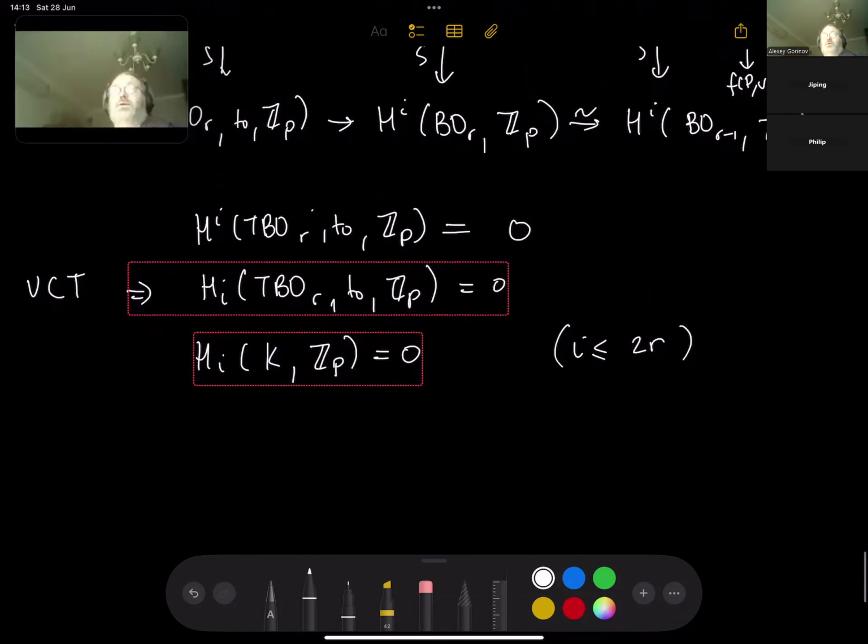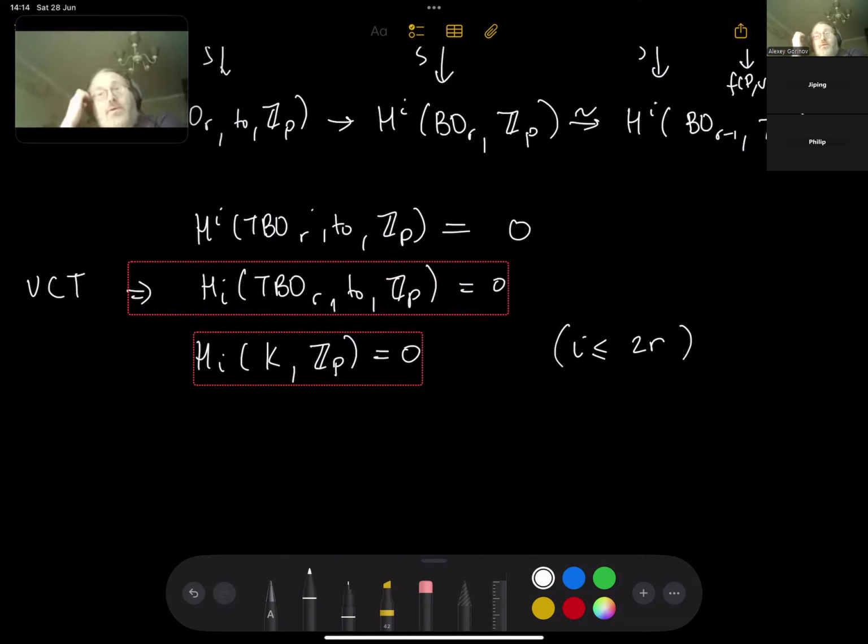Well, in general, the cohomology or homology of K is two-torsion, and tensoring by Z_p gives zero. We don't have any free components or other torsion.